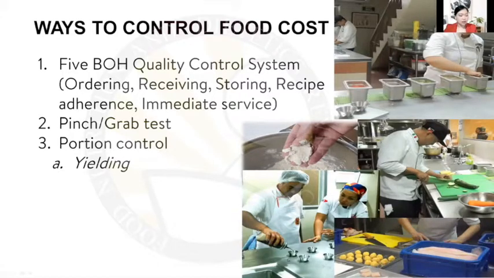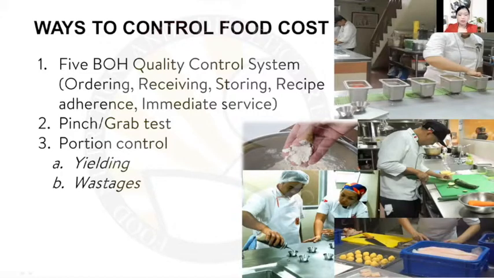For example, if we cut a whole salmon and we have to yield 90% for that whole salmon for the meat, we can monitor the yielding report and make sure that every time each is prepared for cooking, we always yield at least 90%.